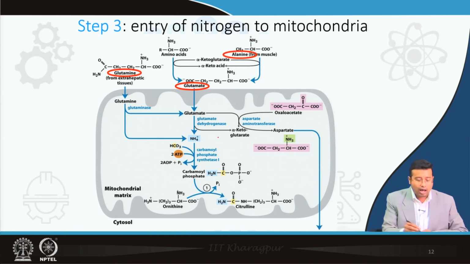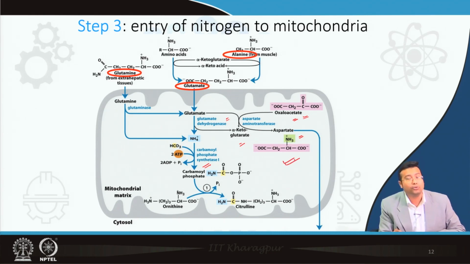We also discussed how glutamate or glutamine or alanine ultimately enters the mitochondria. Okay. This has also been discussed, and we can see how this can form carbamoyl phosphate, whose fate is ultimately entering the urea cycle, and also glutamate can form alpha ketoglutarate by acting with oxaloacetate, which also forms aspartate, and this aspartate also plays a very vital role in the urea cycle.